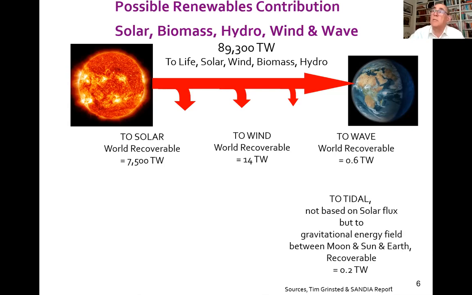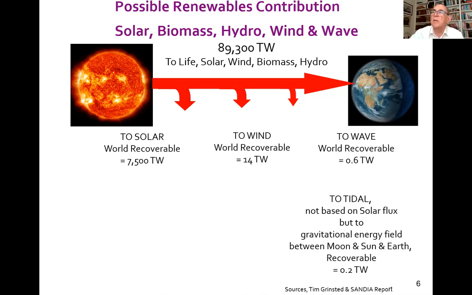Lastly, this is not associated directly with solar energy, but with the sun, the earth, and the moon have a gravitational pull effect on one another, and that is raising and lowering the surface of oceans close to land, and we can extract energy from there. And we think we can extract about 0.2 terawatts.